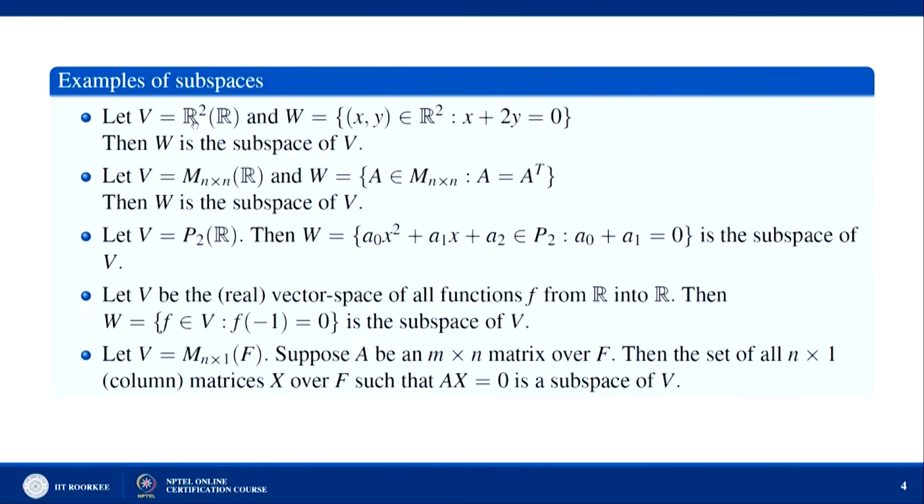So, now let us discuss a few examples based on this. The first example: V we are taking as R2 over the real field R. W is given as all (x, y) in R2 such that x plus 2y is equal to 0, and we have to show that W is a subspace of this vector space V. What is V here?